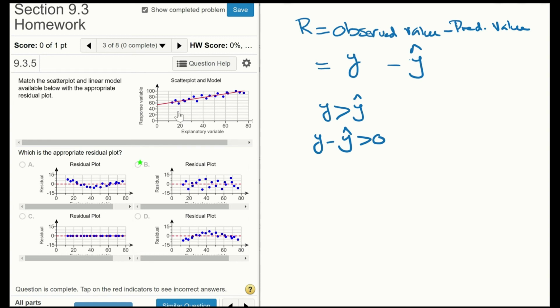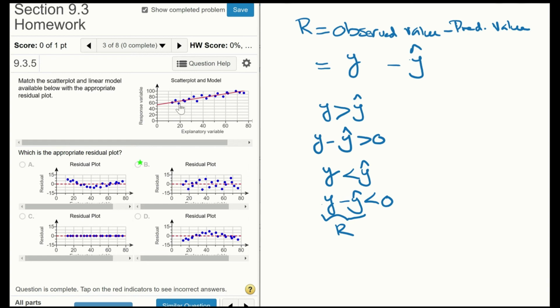Because in that case, y, the observed value, is actually less than the value predicted by the model, which would be right there. So this actual value is less than the model value, which is on the line at that point. So we get y minus y hat is less than 0. Remember, this is nothing but the residual, so we get a negative residual for a point like that.